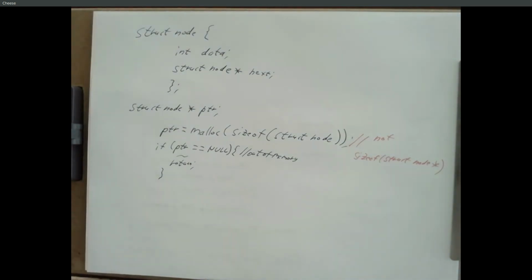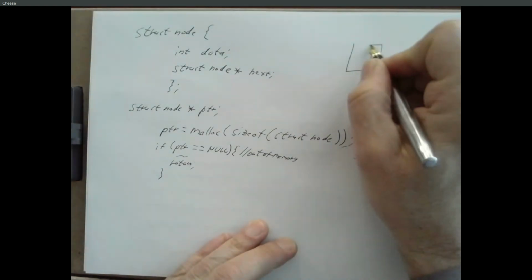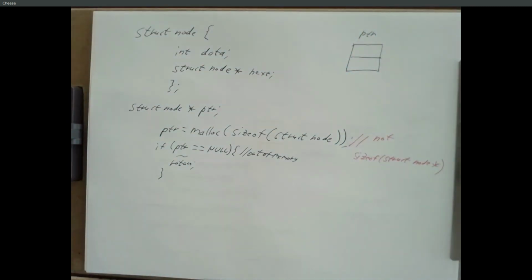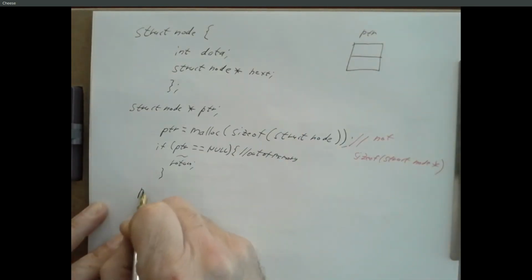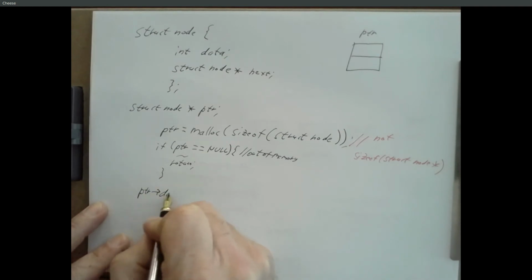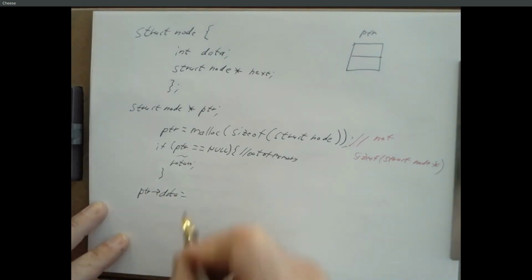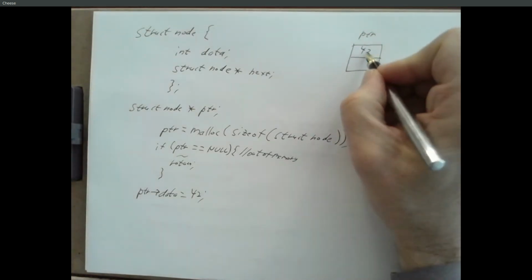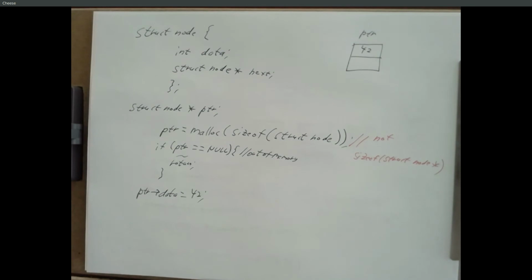All right, so assuming that we did not run out of memory, PTR is now one of these things. And we could give a value to the data field. Like that. And that puts a value in here, and so on.